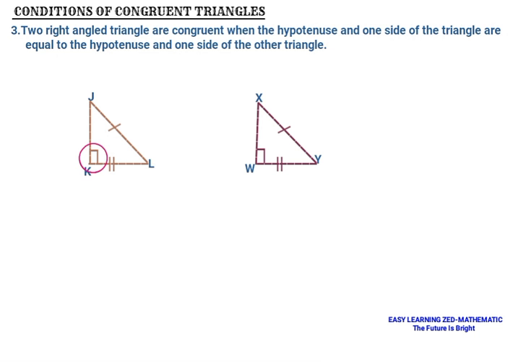As you can see, there we have circled in the triangle JKL, as well as here in triangle XWY. That shows that these two triangles are right-angled triangles.